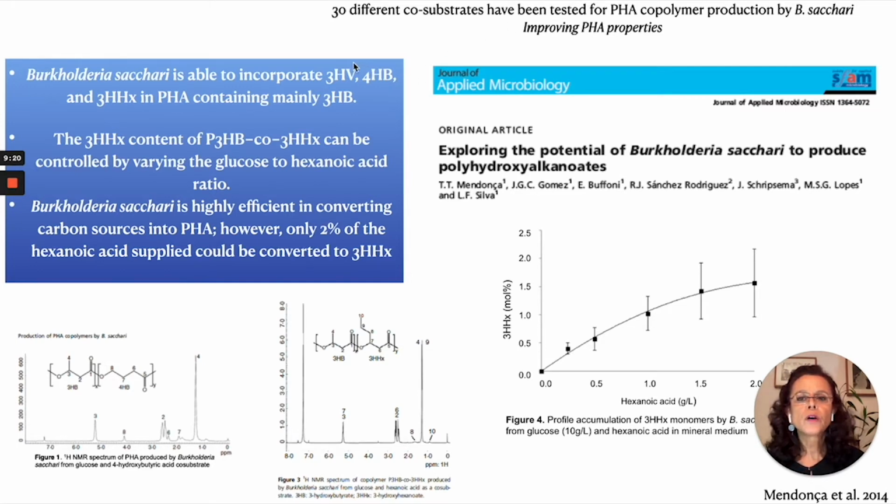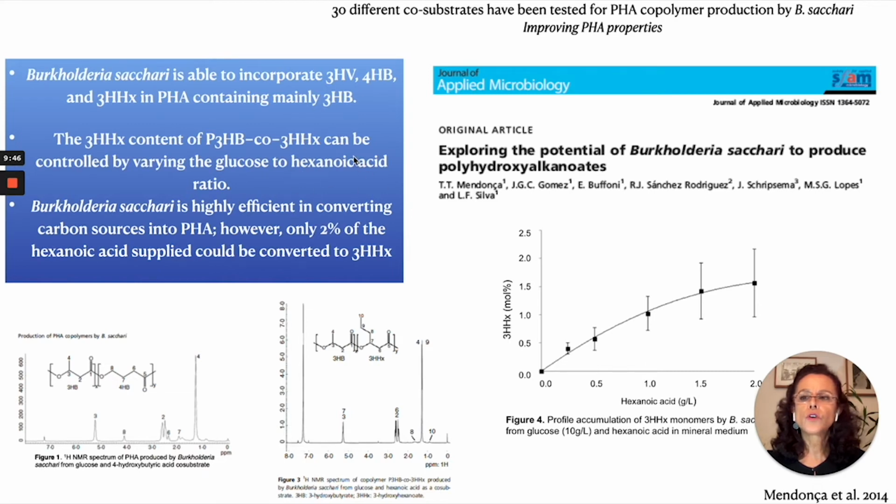And we found out that C5, 4-HB, and C6 were detected combined with 3-HB in the copolyester. Then we had 3-HB, 4-HB, 3-HB, 3-HX. And this C6 content in the copolymer can be controlled by varying glucose and hexanoic ratio.